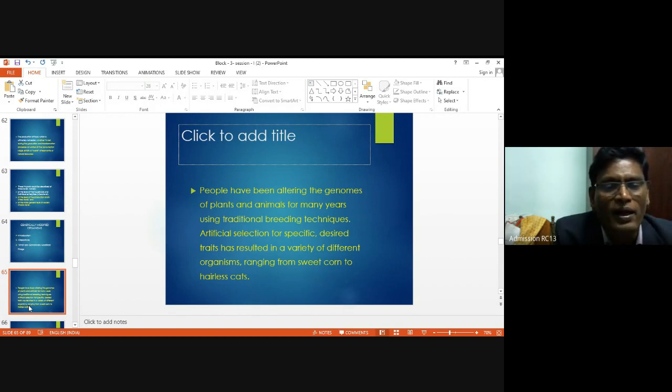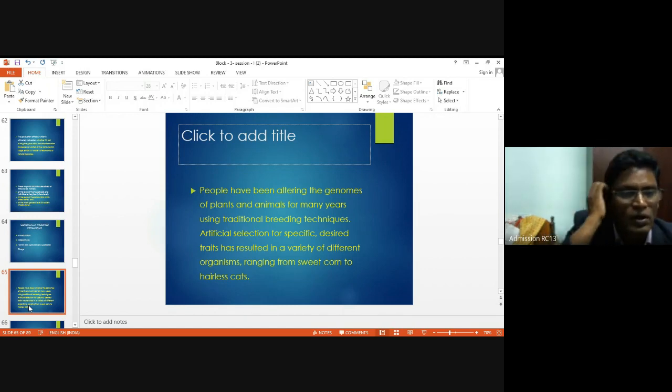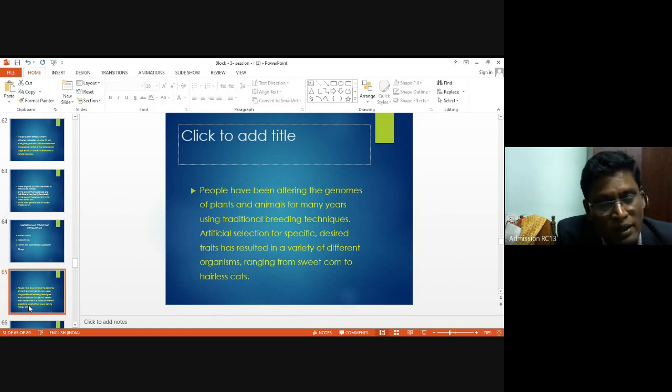People have been altering the genomes of plants and animals for many years using traditional breeding techniques. Artificial selection for specific desired traits has resulted in a variety of different organisms, ranging from sweet corn to hairless cats. The techniques we use in biotechnology, gene alteration, may be applied to any plant or any organism, microorganisms or animals, where we want to get the desired product.